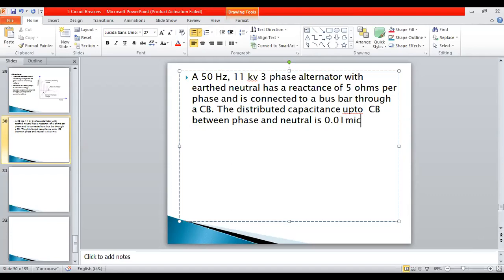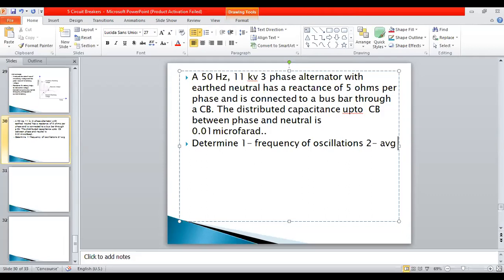Okay, determine first the frequency of oscillations, and second the average rate of rise of restriking voltage.